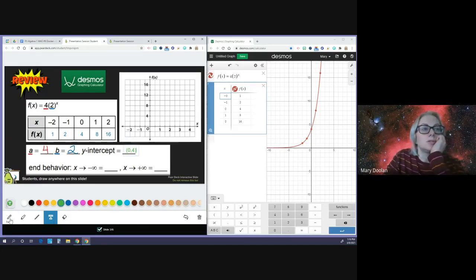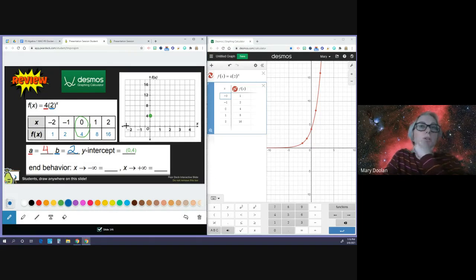Okay, so where are we getting the y-intercept from? It comes from right here. When x is 0, that tells us where it crosses the graph. So that is this ordered pair right here. I could plot all these points too.